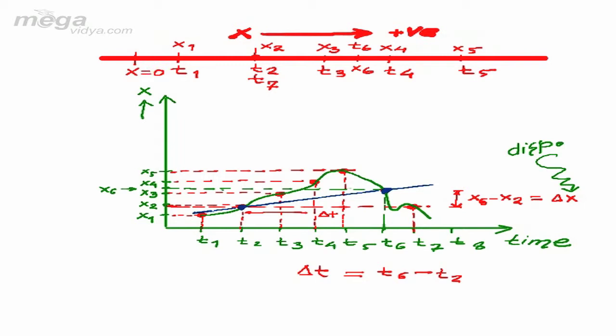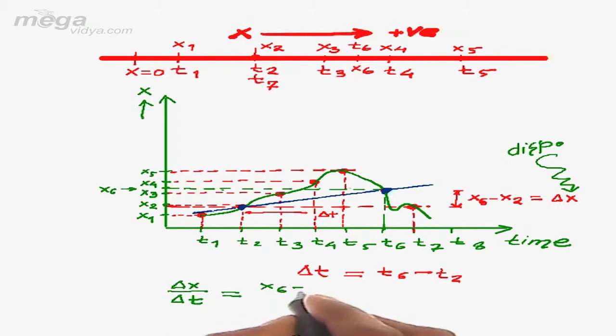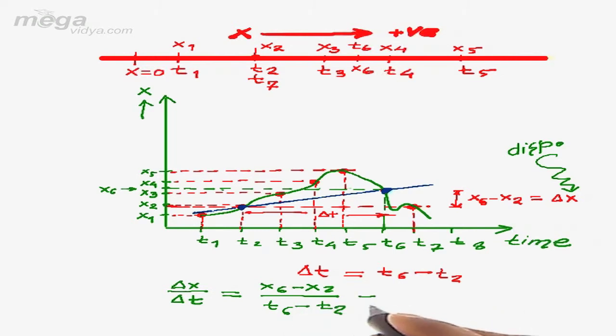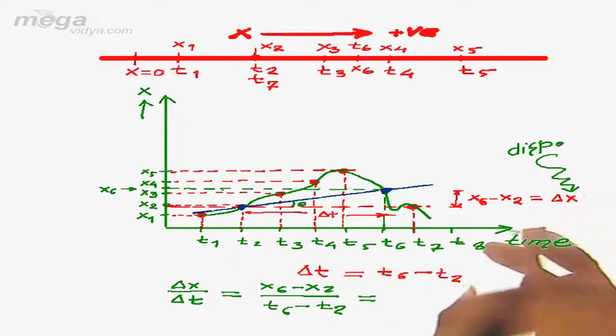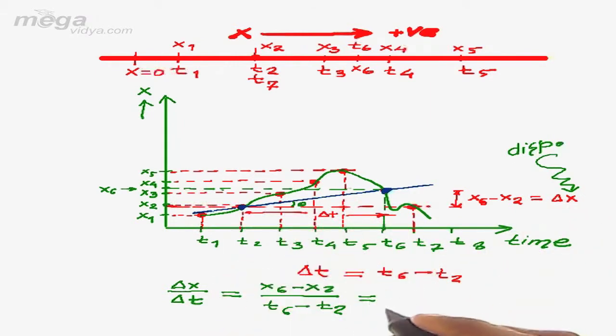If we talk about the term delta x upon delta t, it is the displacement between time t2 to t6, which can be obtained by x6 minus x2, and the time taken in this complete motion from x2 to x6 is t6 minus t2. Here, by using the geometry, just the properties of a triangle, we can say that if I consider this angle to be theta, then delta x over delta t gives me tan theta.